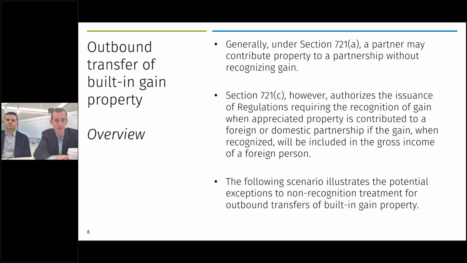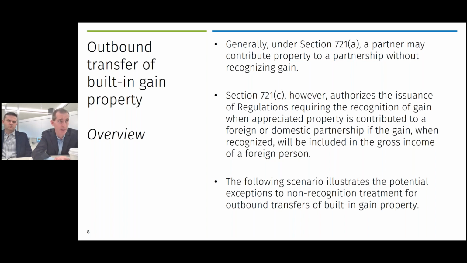So it was just lying in wait in the code, waiting to leap up and shut down non-recognition transactions. But it needed to be implemented through regulations, and so it was just on the books, but it didn't have any real meaning behind it until 2015.